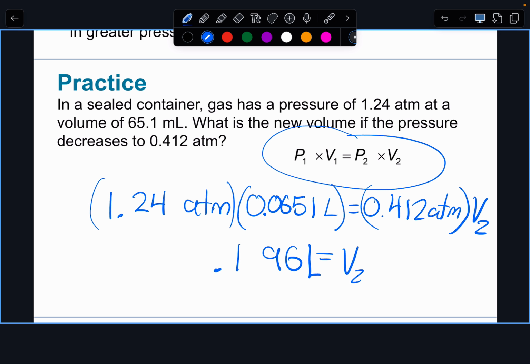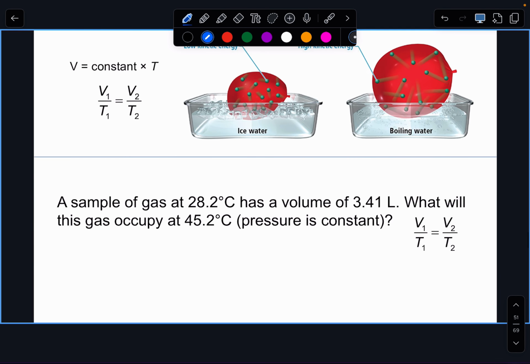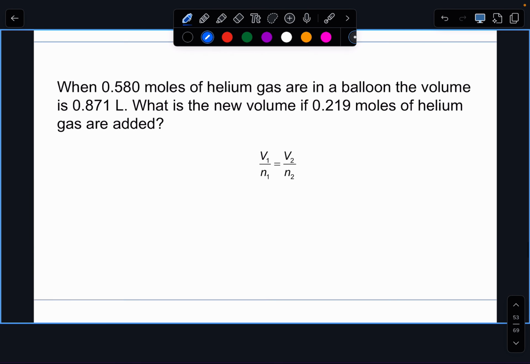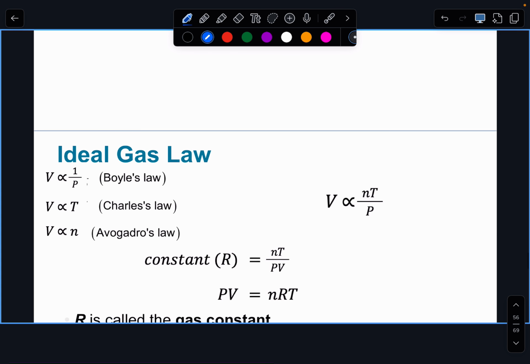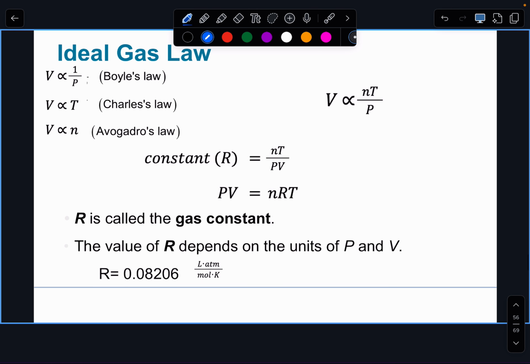Okay, so when we had all of these individual relationships, the next step was to put them all together. Like I said, we're going to come back to these individual problems, but I want to show it to you all together first. So here's a few of those individual relationships. And those were then summarized into what we call the ideal gas law.